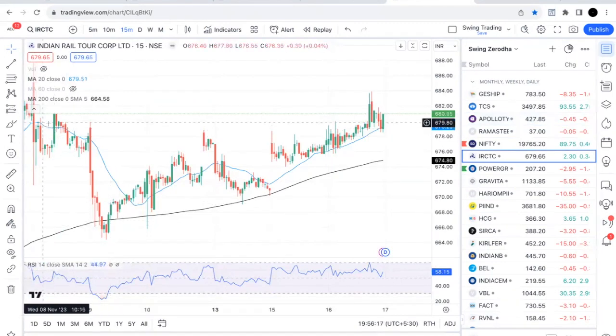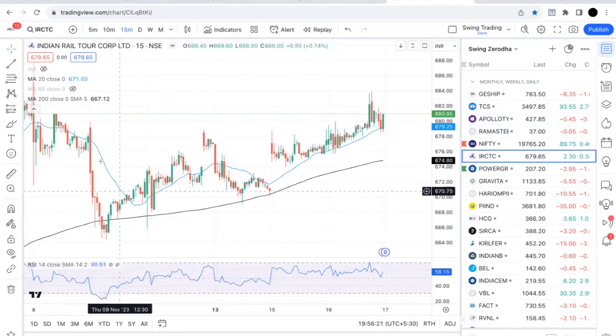But the problem here is that the 20 was already moving down. Look at that. And so the trajectory is down. So yes, the price and the 20 come close together again, but just because the 20 keeps moving down, not because the price goes up very high.